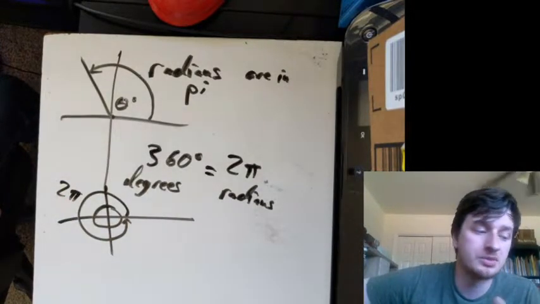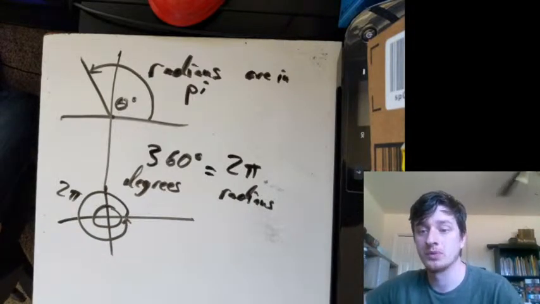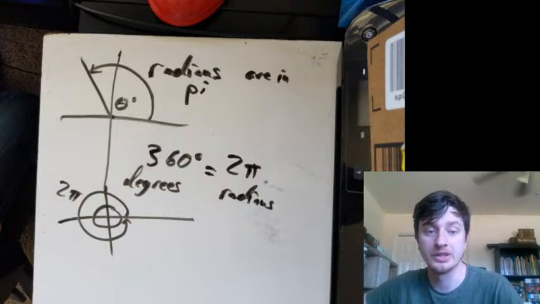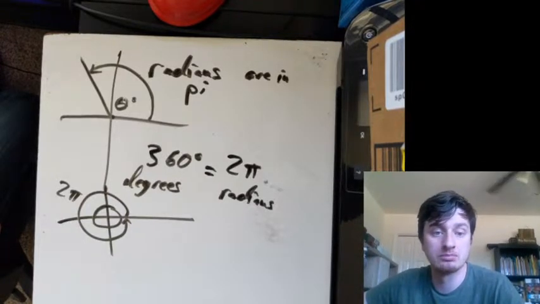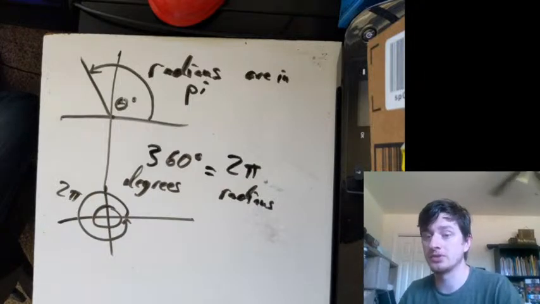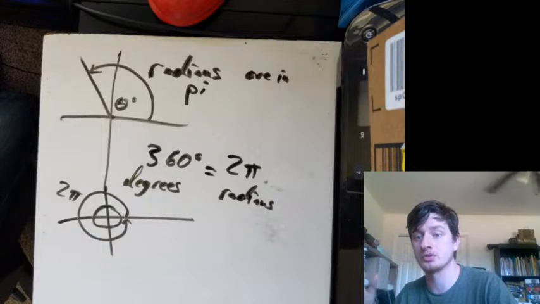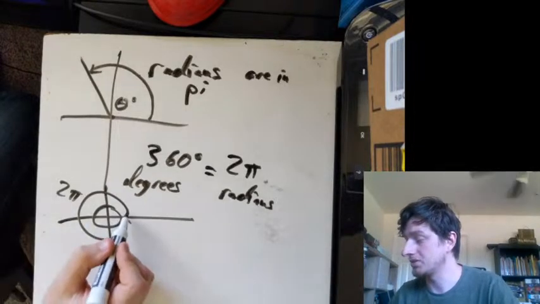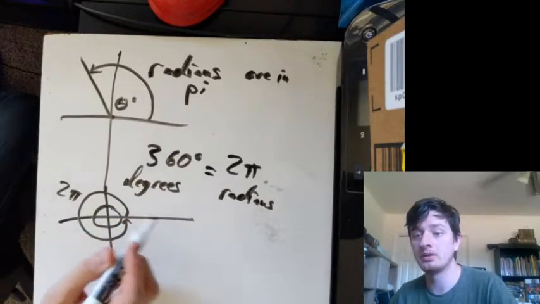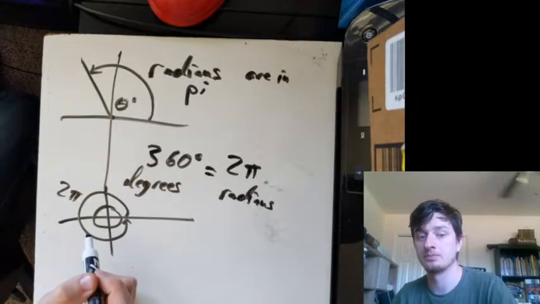And the reason we use these is because then we're not locked into degrees. There's only 360 of them. But also because when we're thinking about circumference, it's 2 pi times r, right? When we're talking about the distance around the circle, if it's radius 1, then it's 2 pi around.